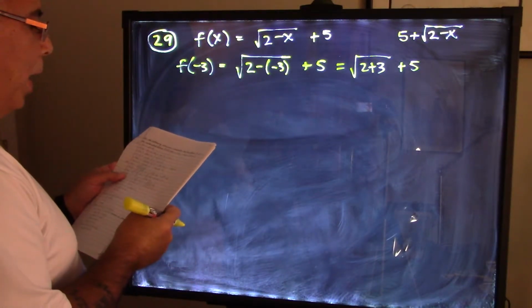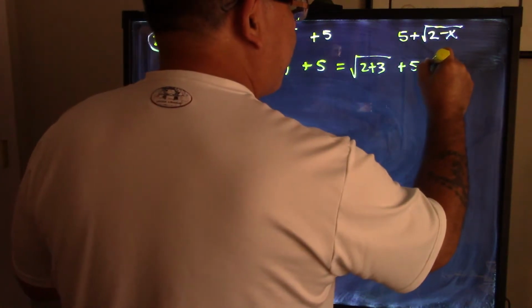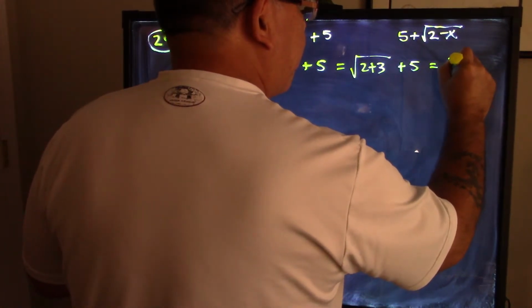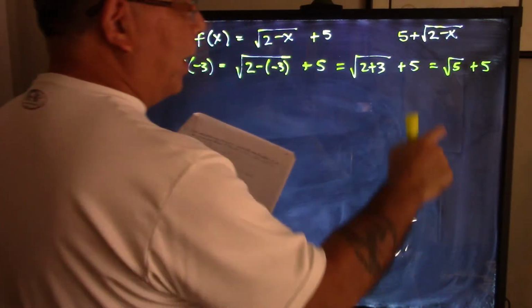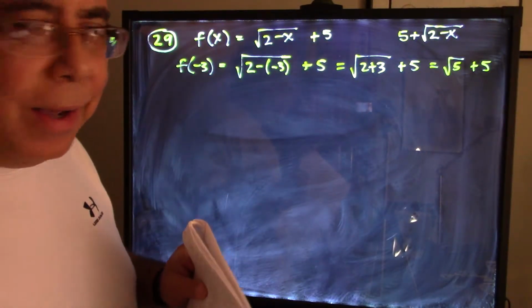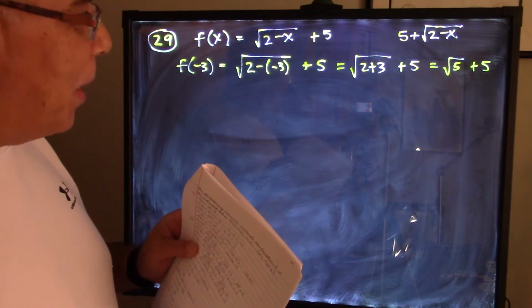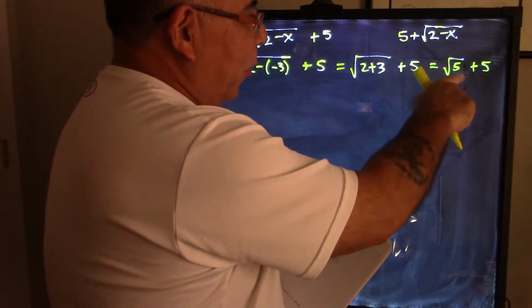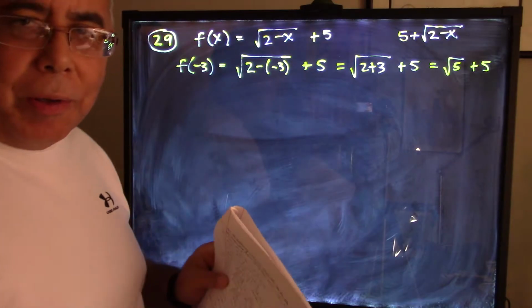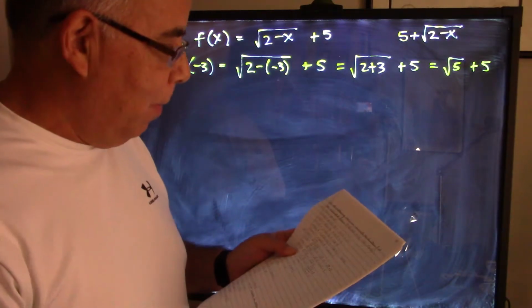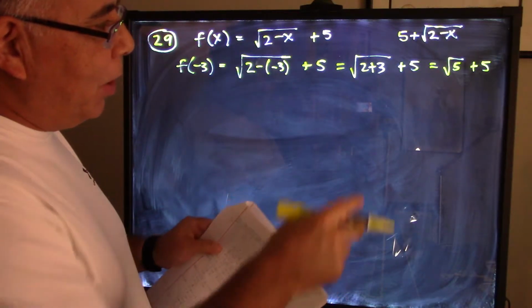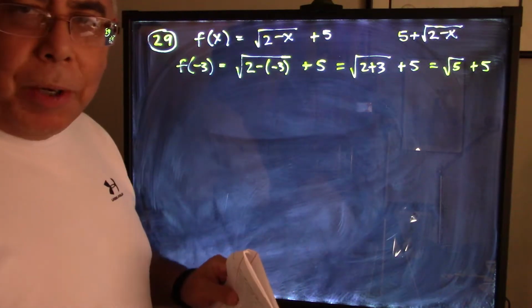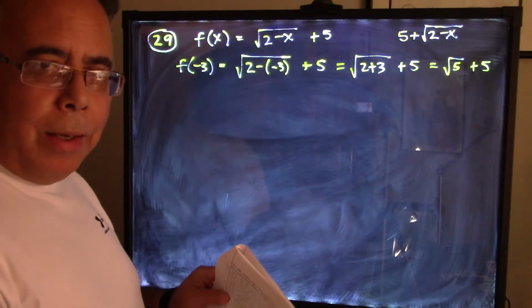And square root of 5 plus 5. Now you can't add those, it's not square root of 10. Alright, so don't do that. Square root of 5 and the 5, you can't add those. They're like unlike terms. Alright, so you just leave it be. You could get a decimal approximation for what that is by punching it into your calculator.